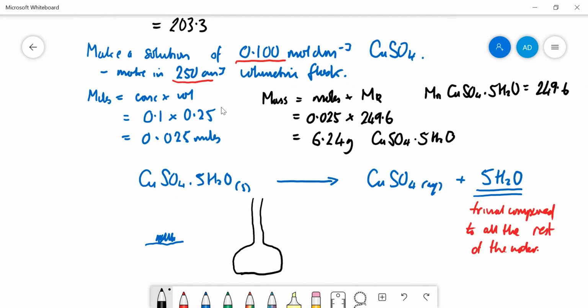You're going to add loads and loads of water, loads of H2O in there, aren't you? And so it's no longer hydrated copper sulfate. When it's in a solution, the water molecules aren't stuck with it anymore. They are just mixed up with the rest of the water that you've made the solution with.